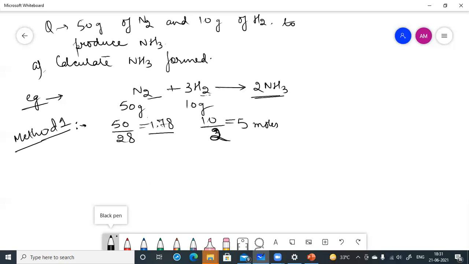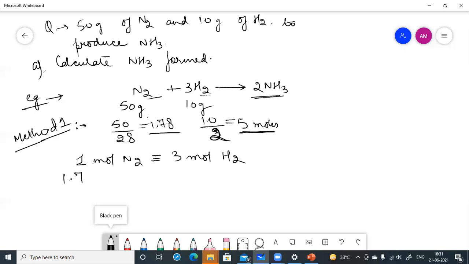Now, moles of both the reactants are given. So what you have to do, you have to determine the limiting reagent. How will you do that? 1 mole of nitrogen requires 3 moles of hydrogen to form ammonia.